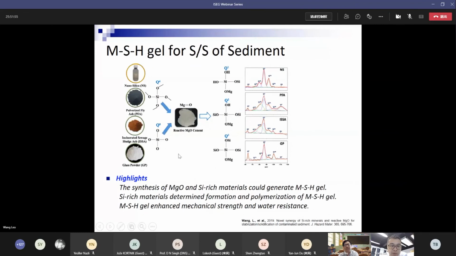Also, in order to overcome the drawbacks of low water resistance of the MgO system, we add some silica-rich materials, because we want to combine them to generate magnesium silicate hydrate. This is a very stable material. It can improve the mechanical strength and the water resistance of sediment blocks.